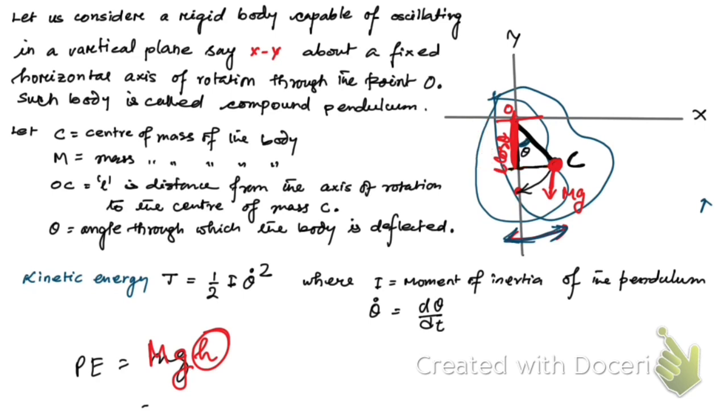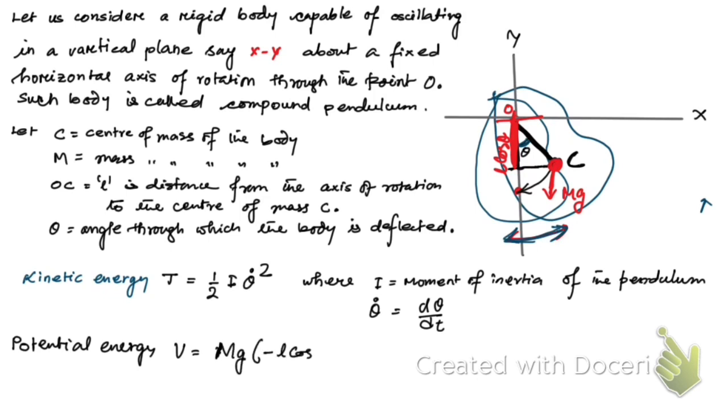Therefore the potential energy, represented by V, is given by m g into minus L cos theta, so that's equal to minus mg L cos theta. That's what we're going to have.